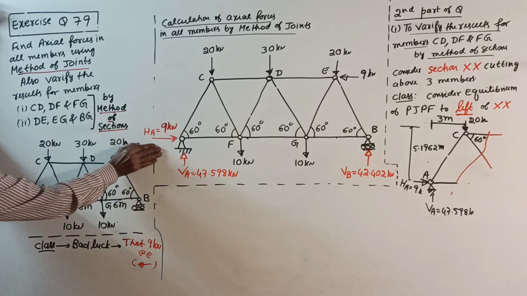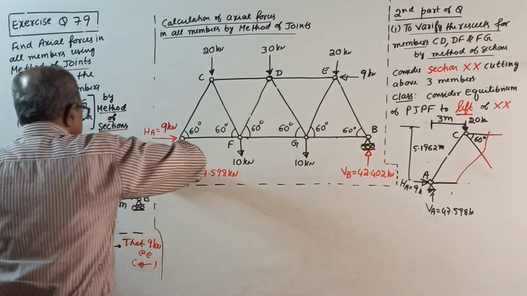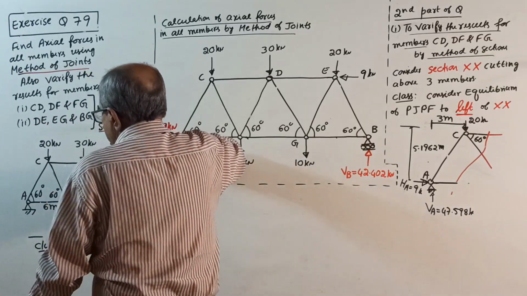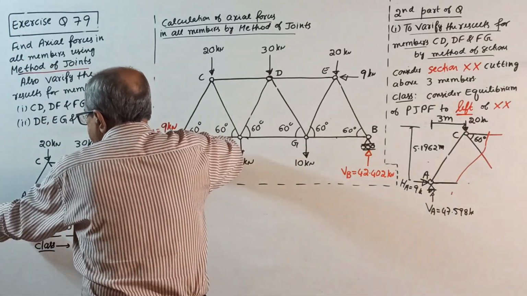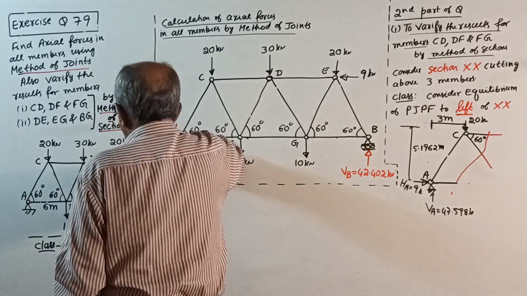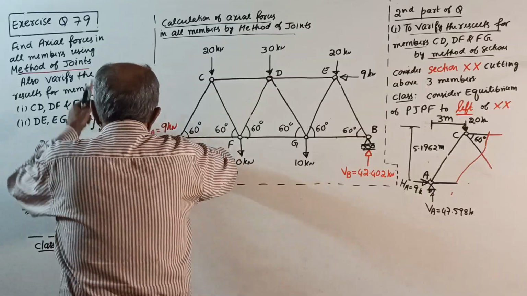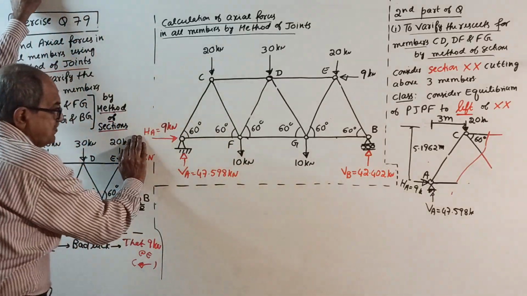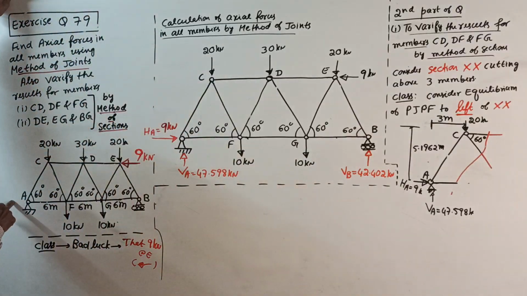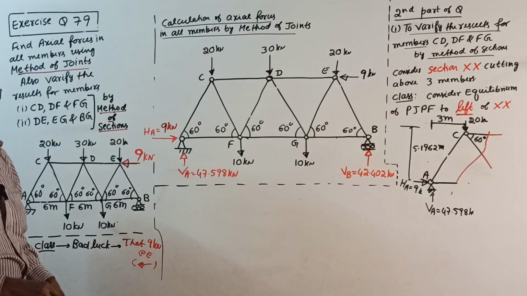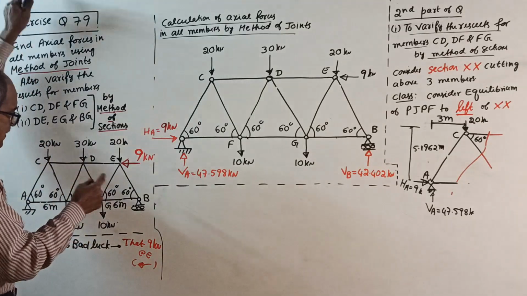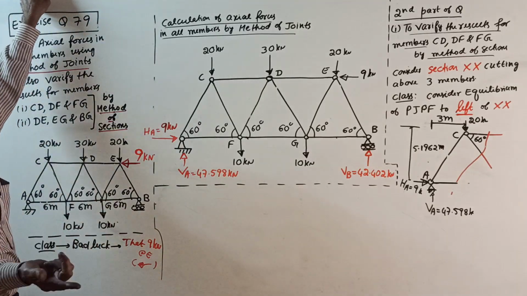Now, if that 9 kilonewton is not there, you cover the 9 kilonewton. Make sigma H equal to 0, HA equal to 0. Therefore, if that 9 kilonewton force is not there, the horizontal reaction at A is 0. Then at A there will be only a vertical reaction, and at B also only a vertical reaction.